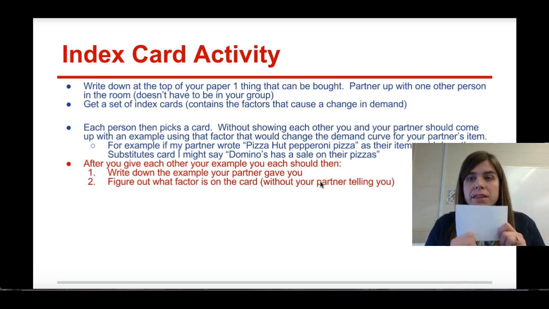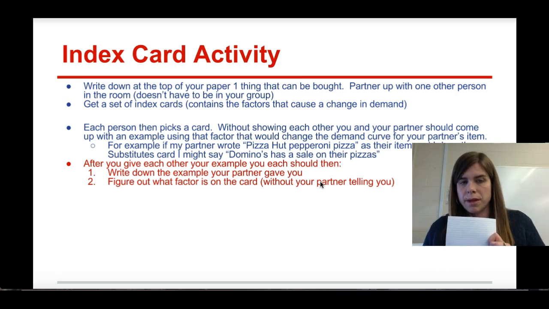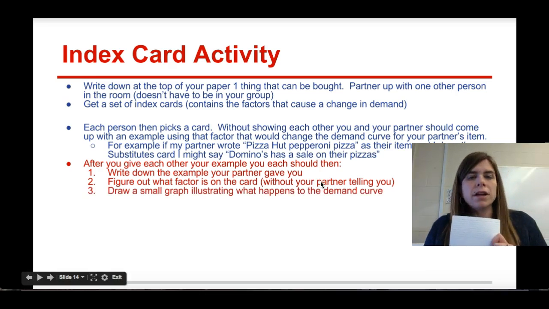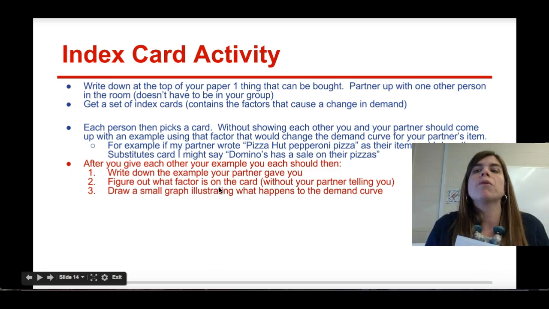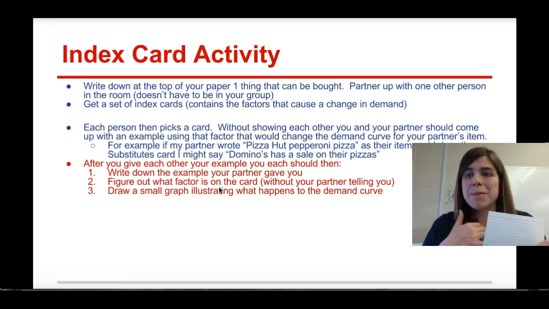They're going to figure out, okay, this is substitutes. And then they're going to have to draw a small graph illustrating what happens to the demand curve. So this part, 2 and 3, is very similar to what you were just doing with your IHOP graph. But now you have somebody else giving you the examples, not me.